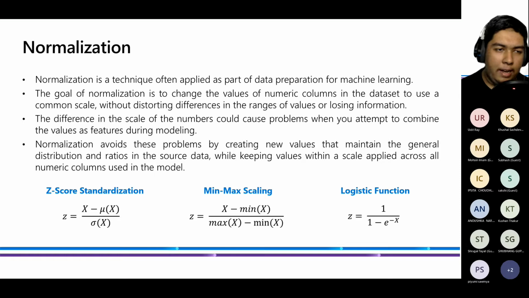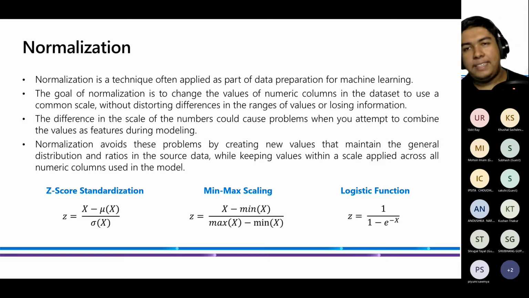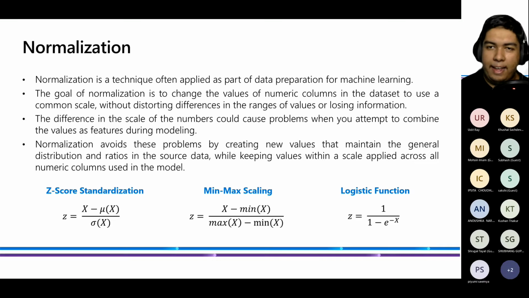Either we can do something called z-score standardization. It will apply this formula, that is x minus mean of x divided by standard deviation of x. It takes the entire data set that can have a different arithmetic mean and some other statistics as well.